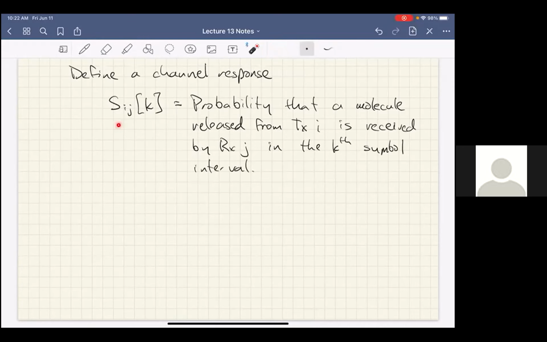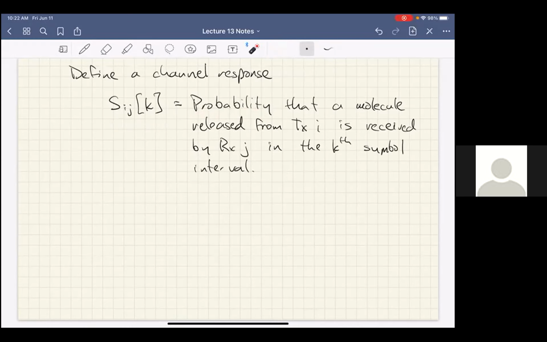In the previous lecture, we noted that probabilities could also represent impulse responses if the number of molecules was sufficiently large. So we dealt with that in the previous class. So it's convenient to think of it as a probability for analytical purposes. In other words, in order to derive it, it's appropriate to think of it as a probability.